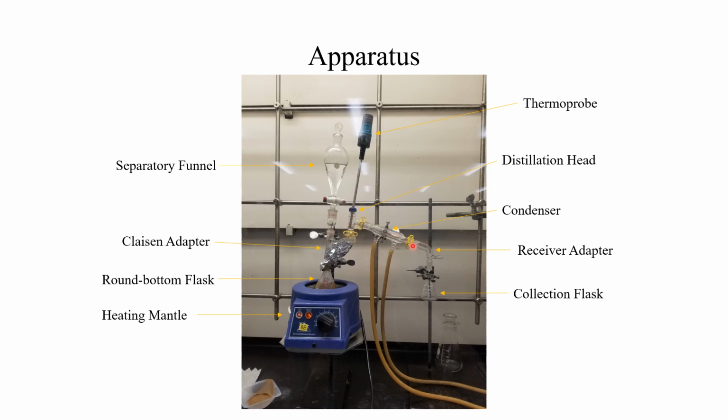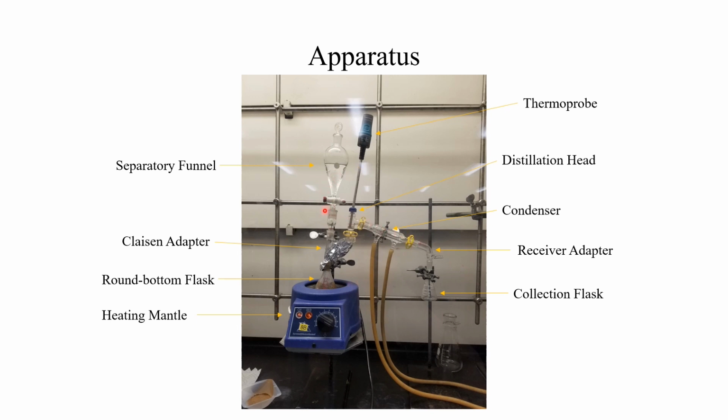Our distillate then travels down into this receiver adapter, which is useful for collecting distillates in a very controlled way. It collects it in drops and then drops it very nicely down, and it leads into our collection flask. We have our thermoprobe here. That's just for measuring the temperature to see where we're at, and that's how this apparatus for steam distillation works.